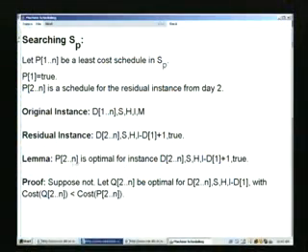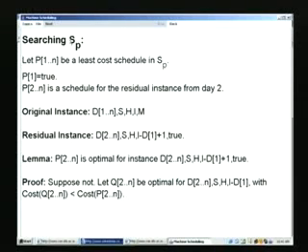We'll assume that P 2 to n is not an optimal schedule, which means there had better be a schedule Q 2 to n which is optimal for this instance, and its cost had better be smaller than the cost of P 2 to n. So cost of Q 2 to n must be smaller than the cost of P 2 to n.